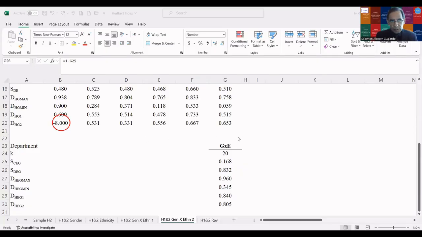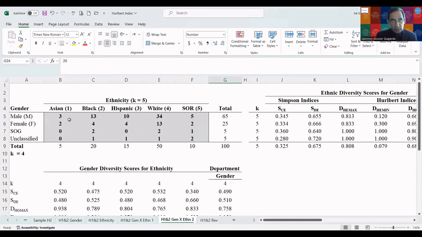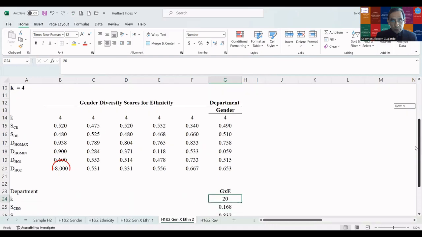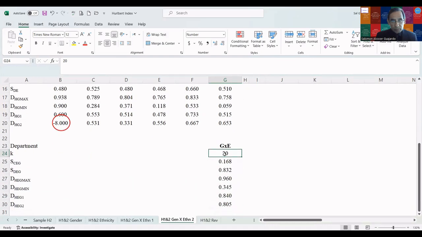So consistent with episodes 1 through 3, I'm going to apply the Hurlbert indices to the 20 frequencies in the constituent table. So again, I have 20 groups, so K equals 20.